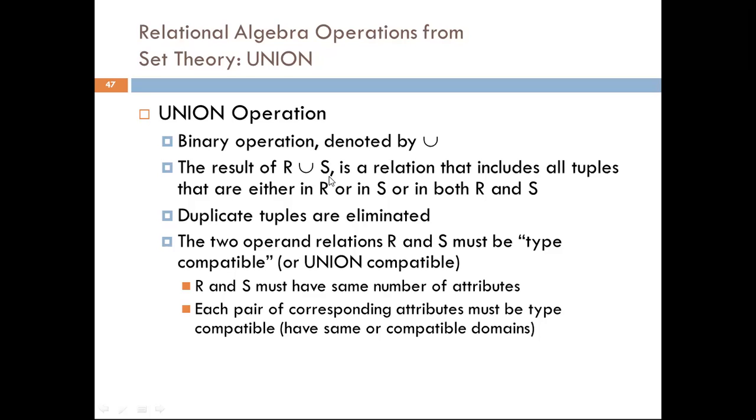Two tables are said to be union compatible when they have the same number of attributes and each corresponding attribute belongs to the same domain or a compatible domain. Then only can the union operation be performed on them.